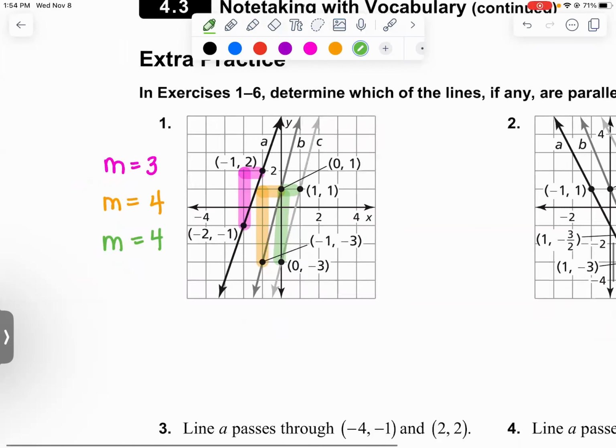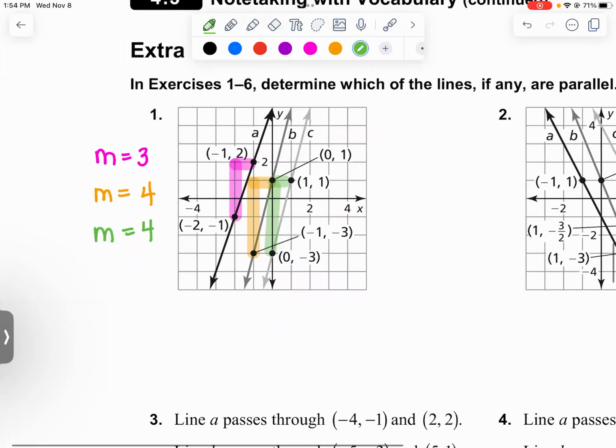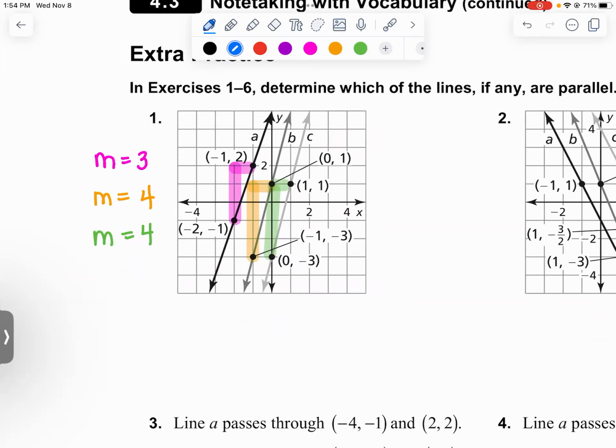Okay. Since line B and line C have the same slope, we can say that line B is parallel to line C because they have the same slopes.